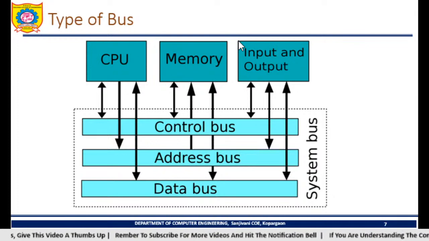Because data in memory has some address, or if data is coming from outside, it also has its unique address, which is given to the CPU, by which the CPU understands where that data has come from. So that addressing of where that data has come from is done by the address bus.